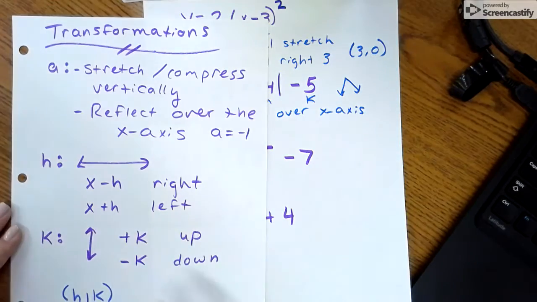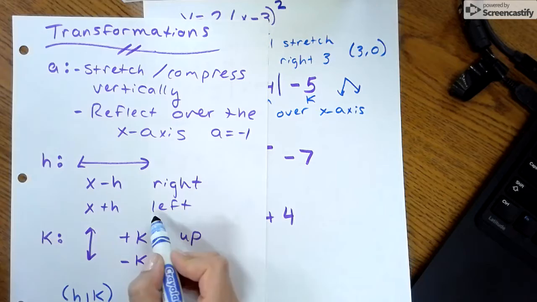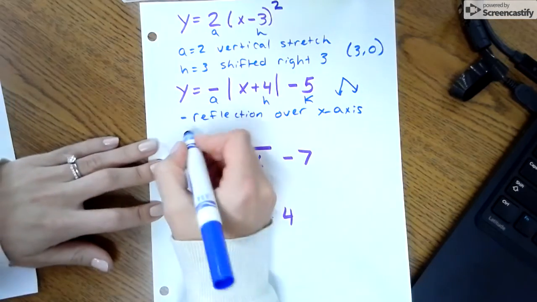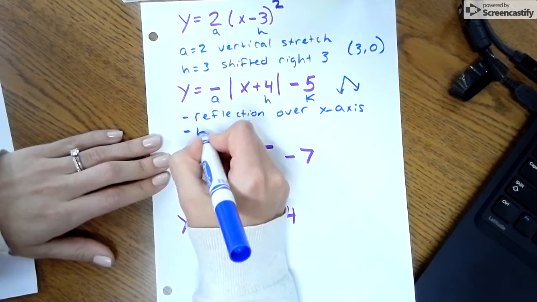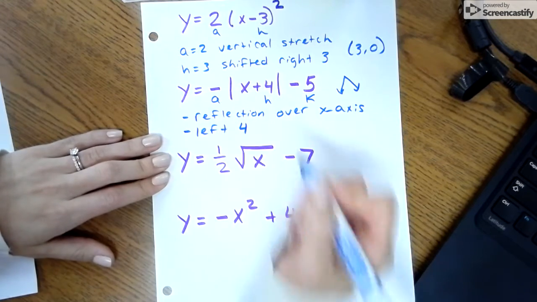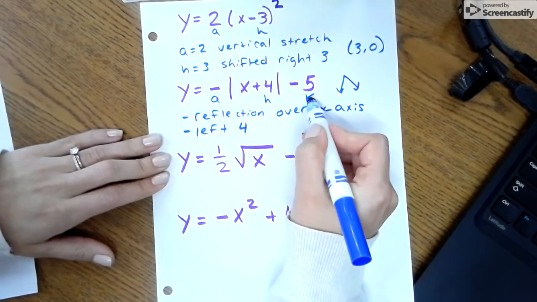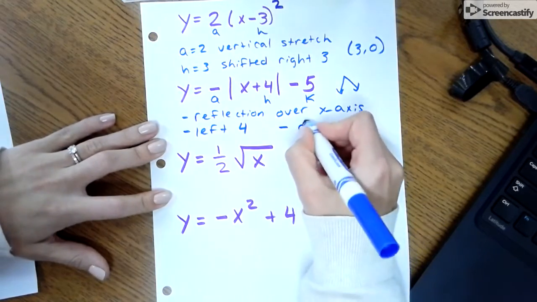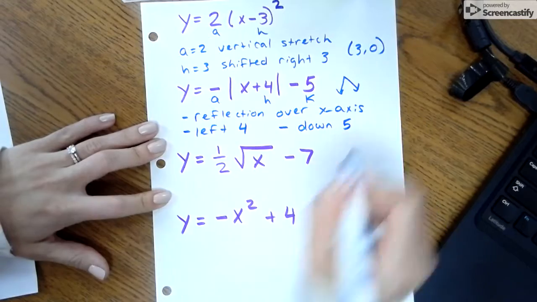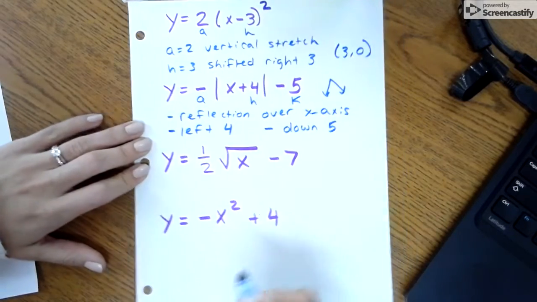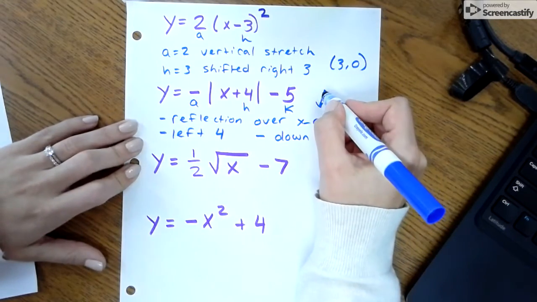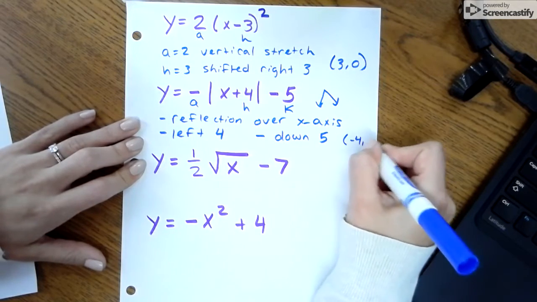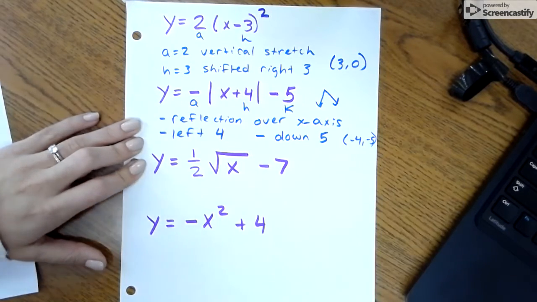So if I look back at this sheet, if it's x plus 4, that's actually a movement to the left, which means my h value is negative. So this is shifting left 4 units. And then the k value is minus 5. And remember, the k value does what you think it would. So it is shifting down 5 units. So again, if we're talking the locator point, instead of 0, 0 like the parent function, this locator point would be -4, -5.